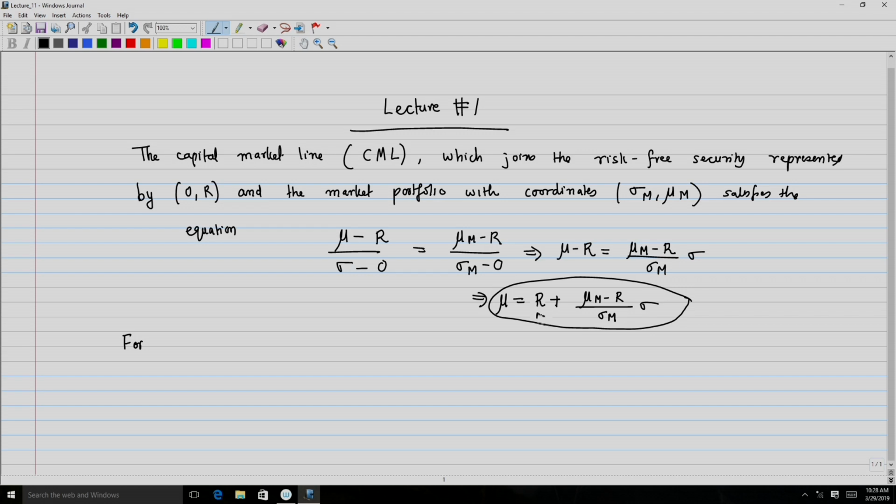And remember, here r is the risk free rate and mu is essentially the return that you actually get for your risky investment.